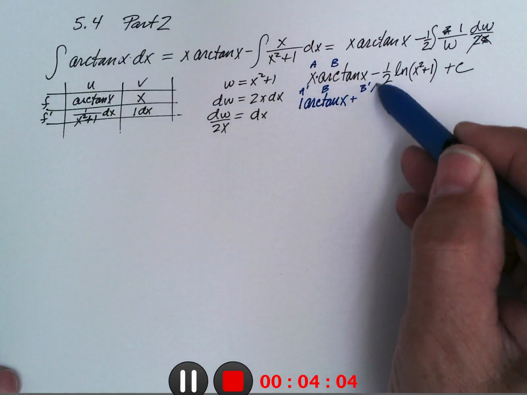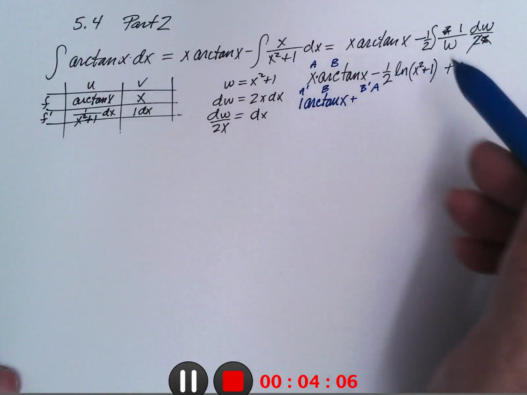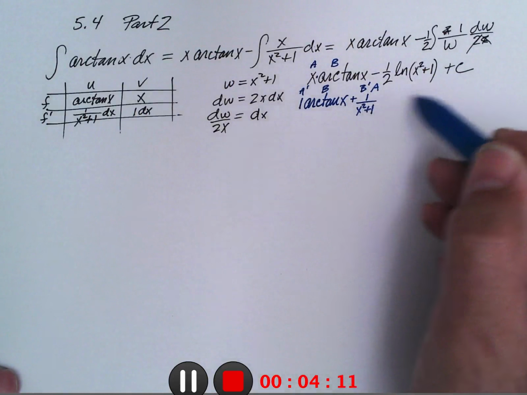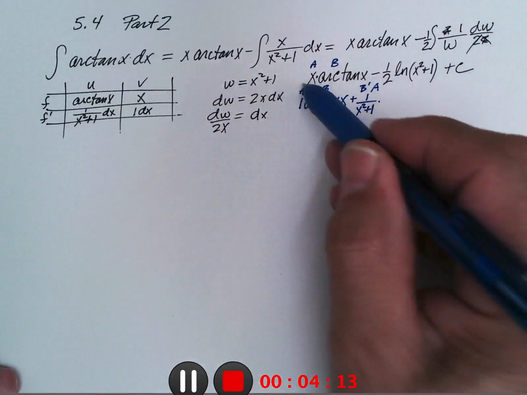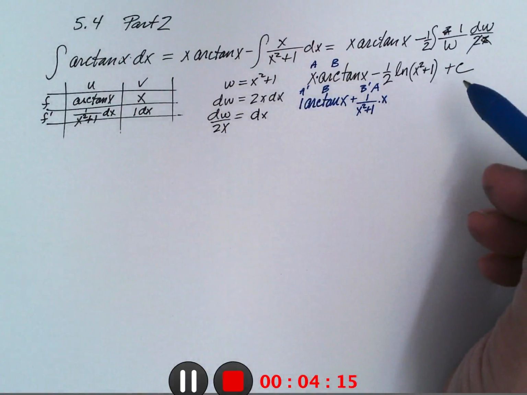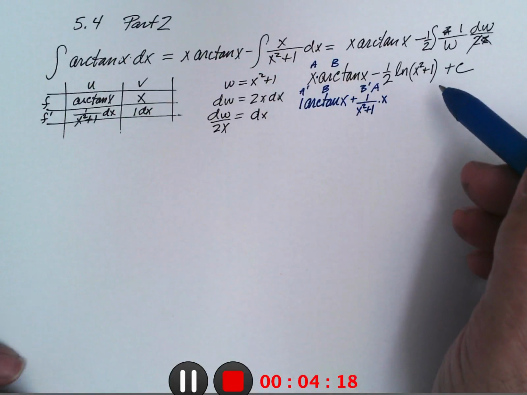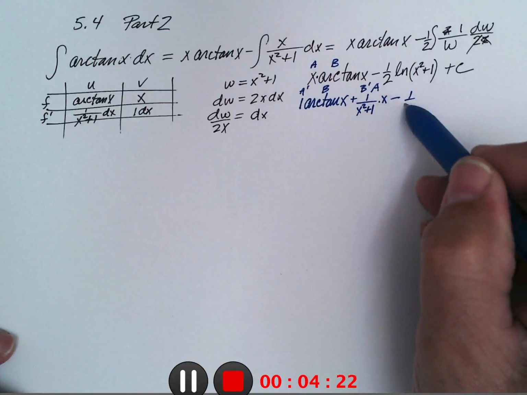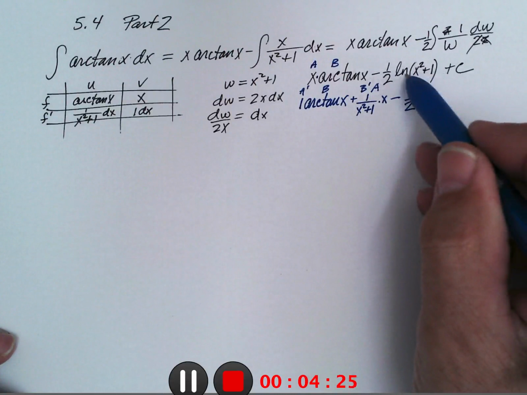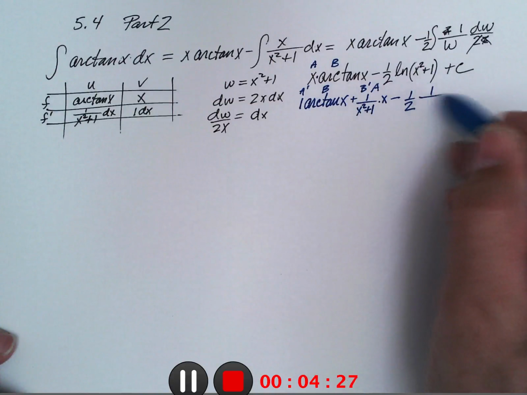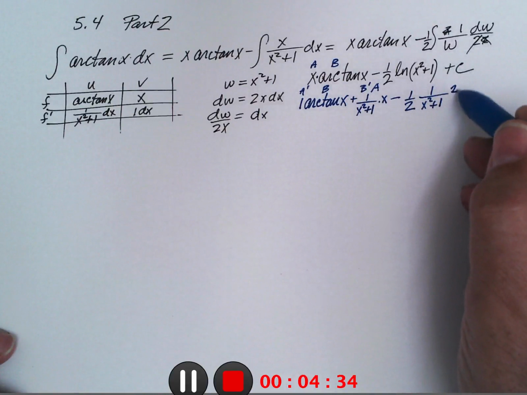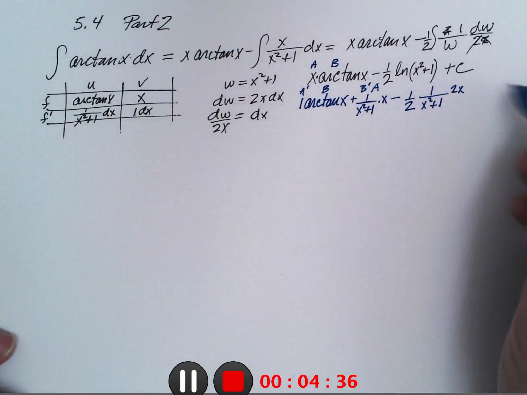The derivative of a is 1 times b, and the derivative of arctangent is 1 over x squared plus 1 times a, which is x, and then we have minus 1/2. The derivative of ln of something is 1 over the something times the derivative of the inside, which is 2x, plus the derivative of c, which is 0.